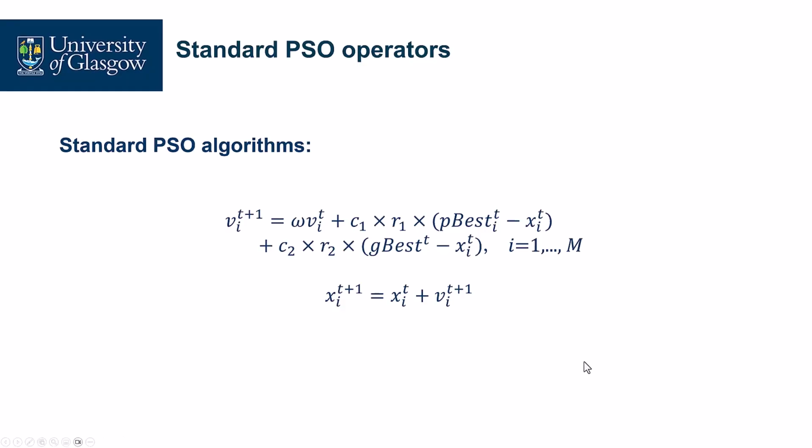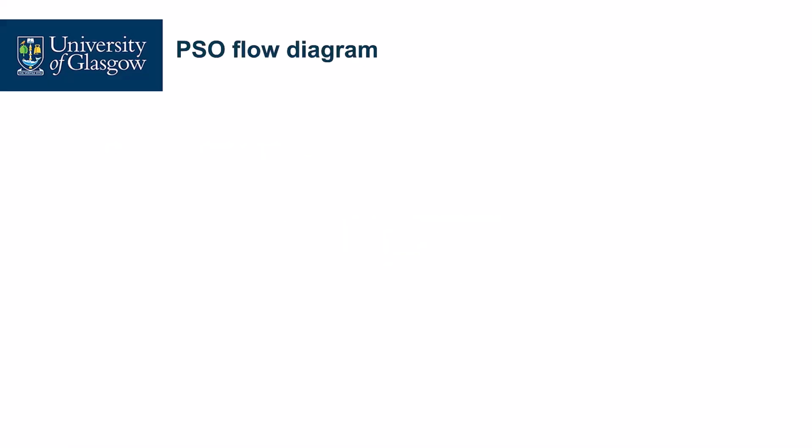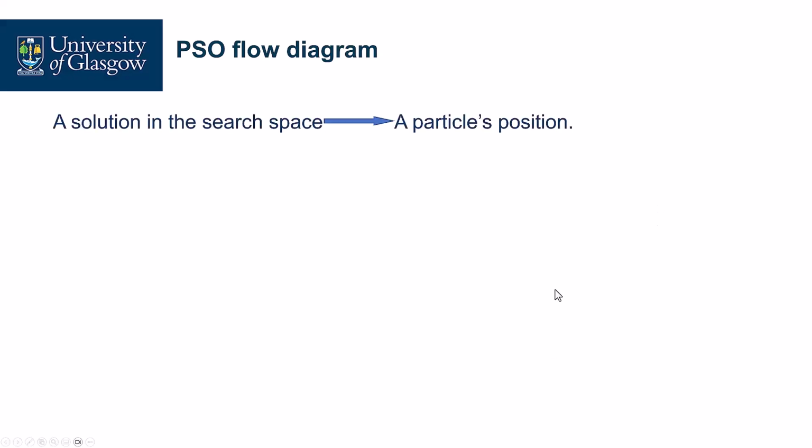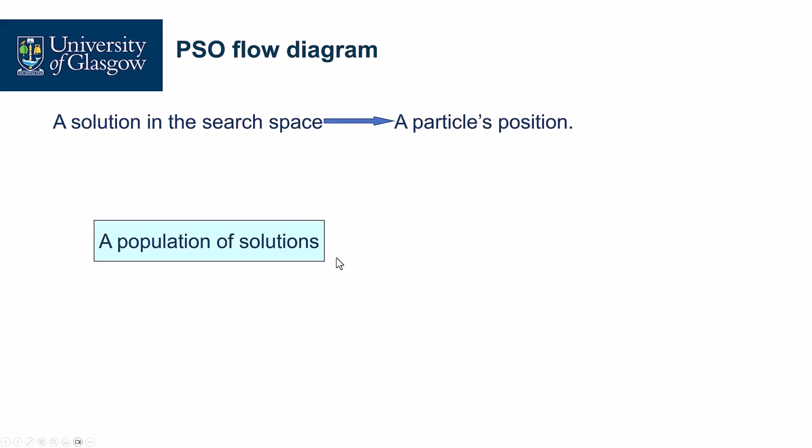After knowing this, the key step, we can summarize the PSO workflow. The flow diagram is here. First, one solution in the search space is a particle, and its position is a solution. So we first get a population of solutions or particles.